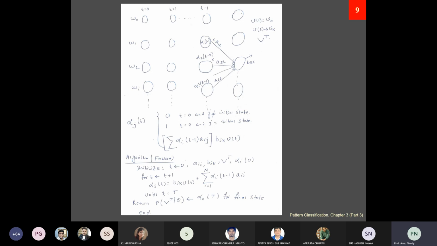That is why it runs until t is equal to T. Now what do you return? The probability of generating the observation sequence given theta. That is nothing but alpha 0 T for the final state, meaning the probability that has been generated for this particular observation sequence.